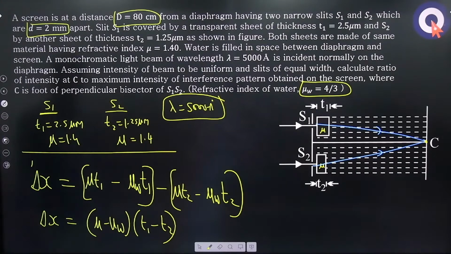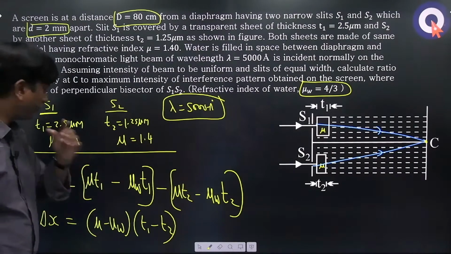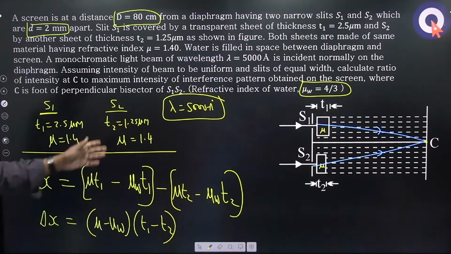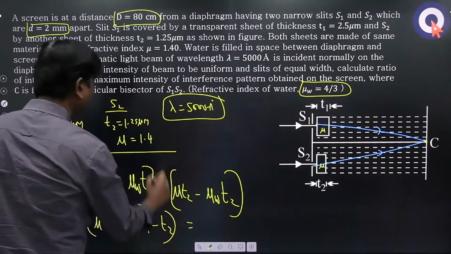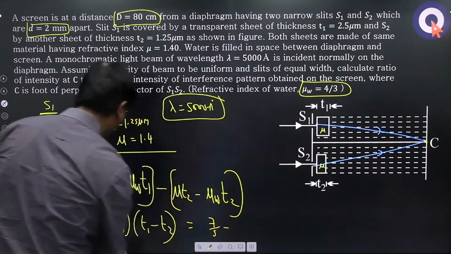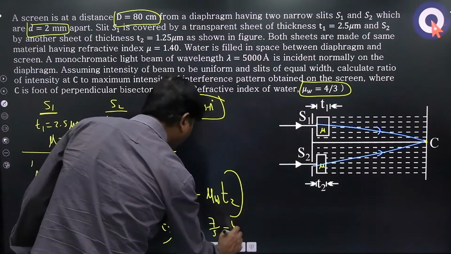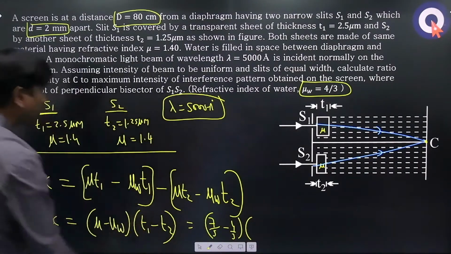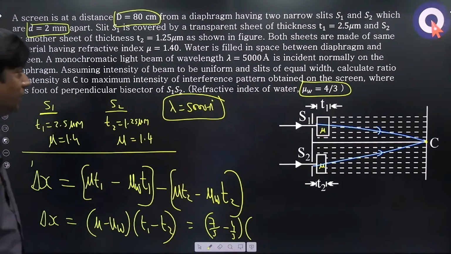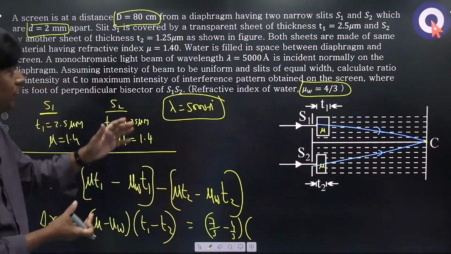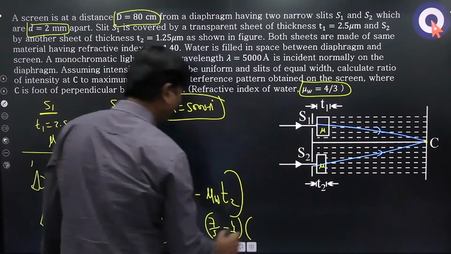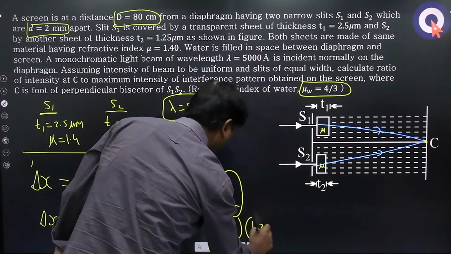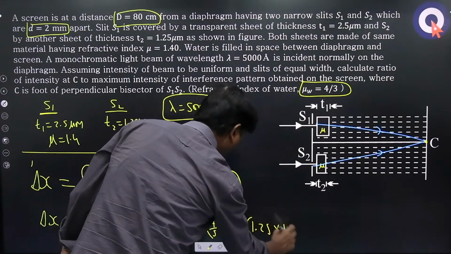So what is mu? 1.4. 1.4 means you can write this as 7 by 5 minus mu W of 4 by 3, into T1 minus T2. You are taking T1 as 2.5 micrometers and T2 as 1.25 micrometers. 2.5 minus 1.25, so 1.25 micrometers, so 10 power minus 6.